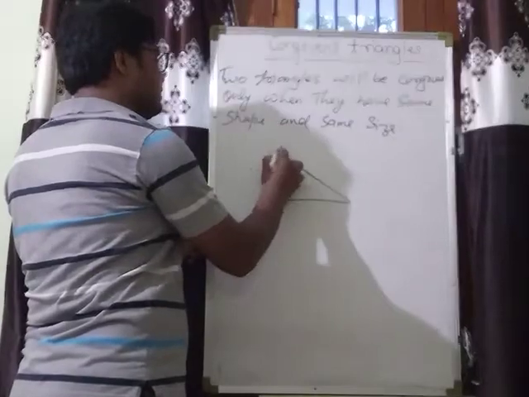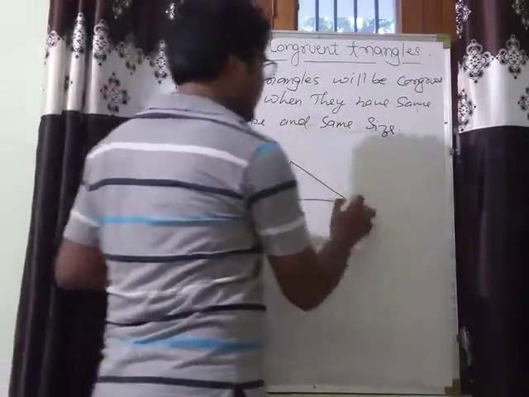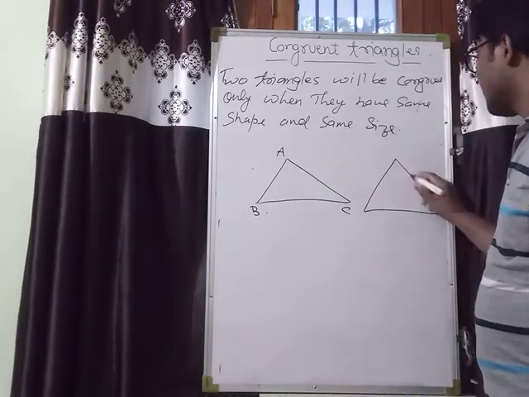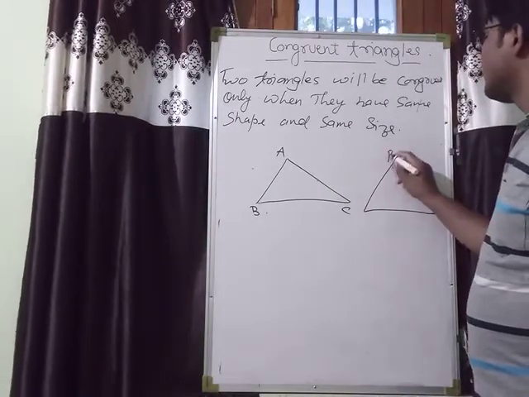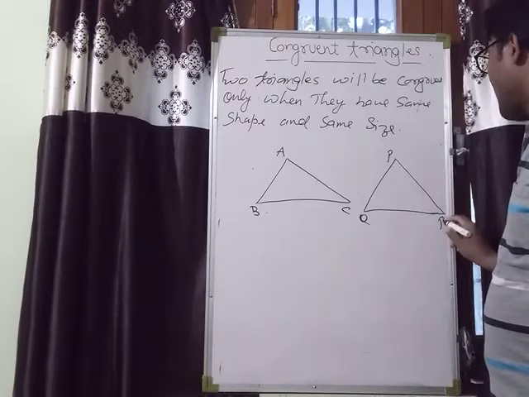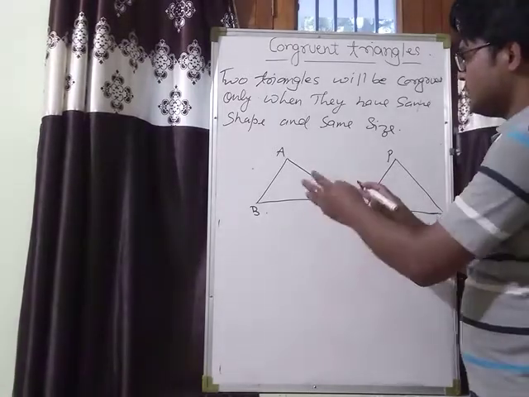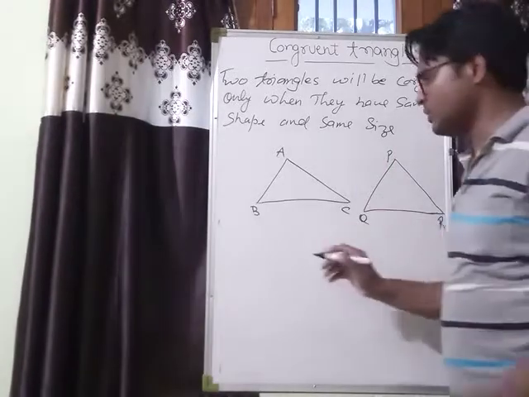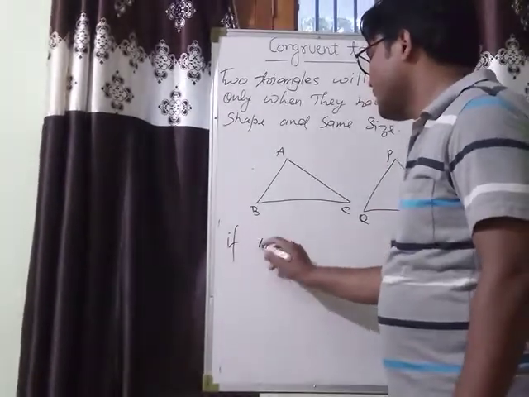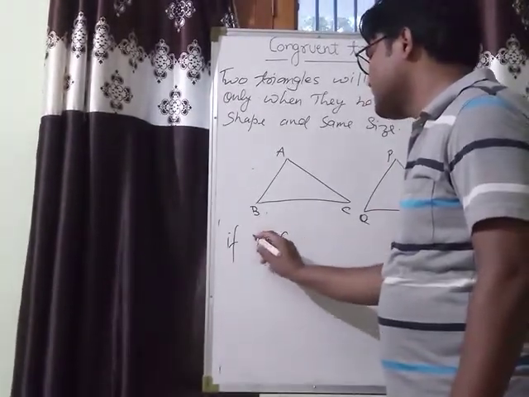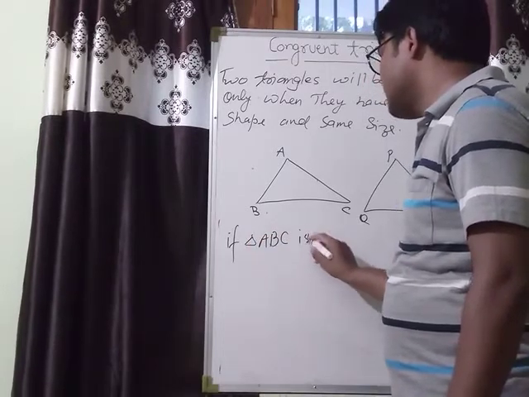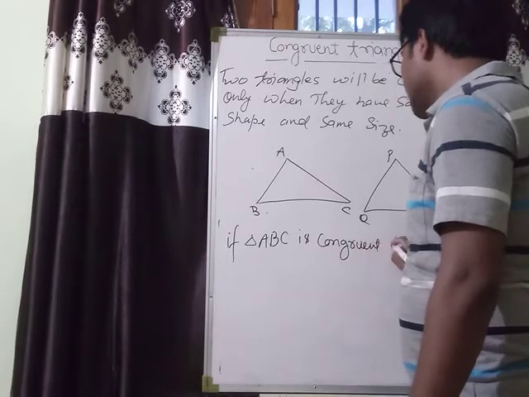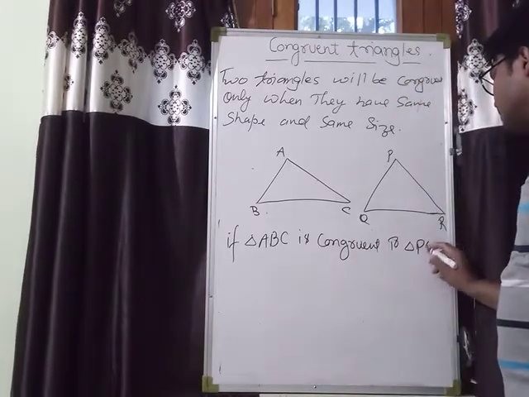Okay, means see, this is a triangle ABC and that is another triangle PQR. So these two triangles will be congruent if triangle ABC is congruent to triangle PQR.